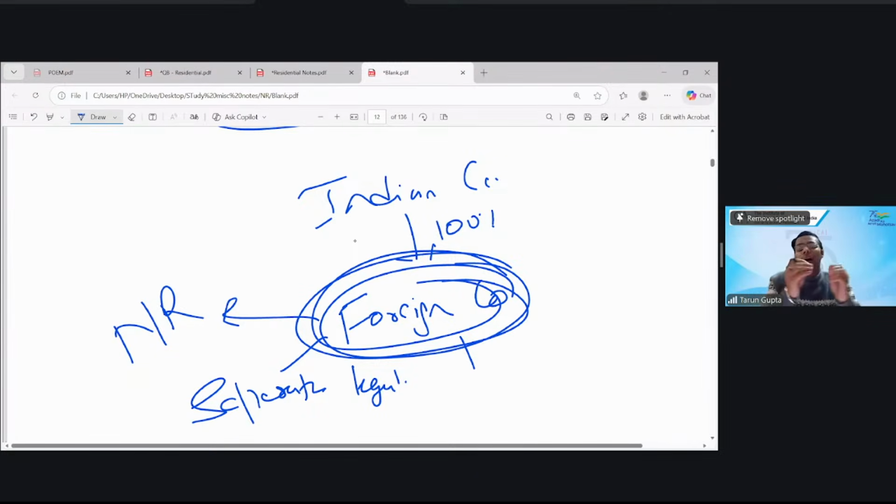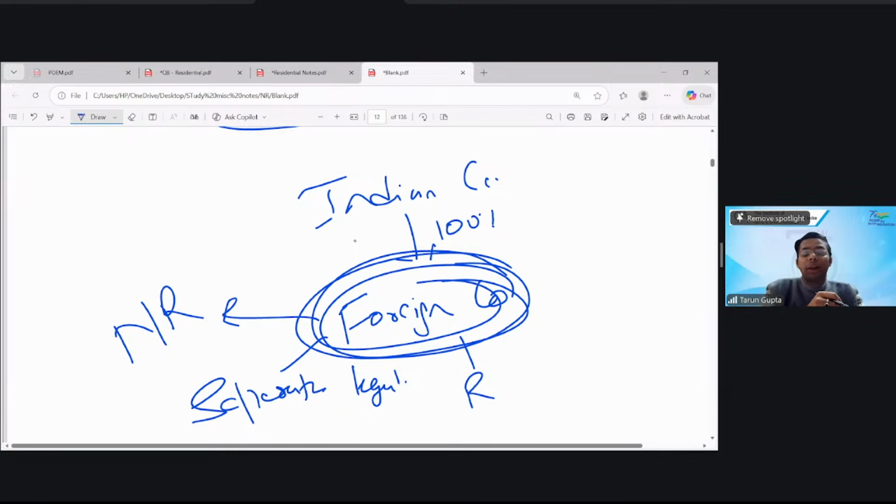If the brain is in India, then that foreign company, even though incorporated outside India, will qualify as resident. But where the actual brain decides is a very, very factual question, and to determine that is very difficult for the Indian government. It can be determined only through search and all these facts.